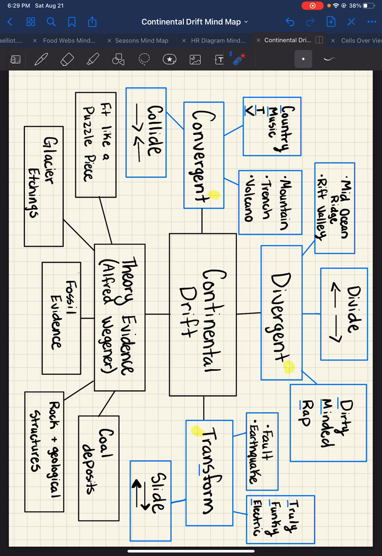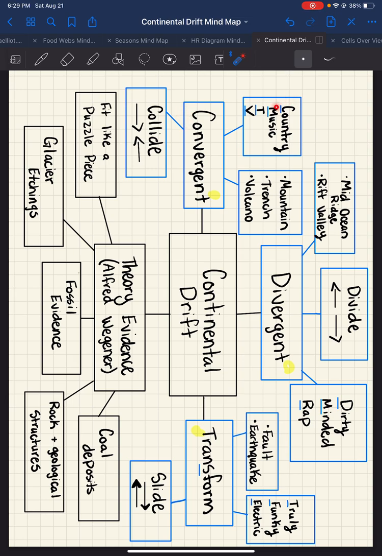Now there is a little saying to help you remember the landforms that convergent boundaries make. This little trick is country music television. And as you can see, I have underlined the first letters in the words and then left TV by itself. So you can think of it this way.